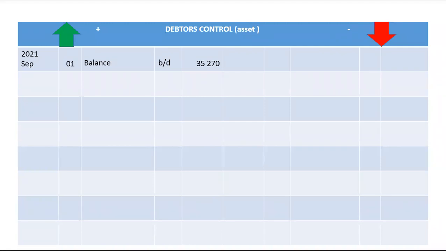With the debtors control, it's always about people buying from us on credit. And this transaction will always be recorded at the end of the year. We'll start with sales from your DJ, and sales from your debtors journal amounted to 35,980.